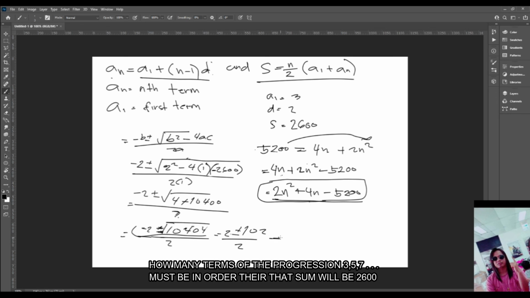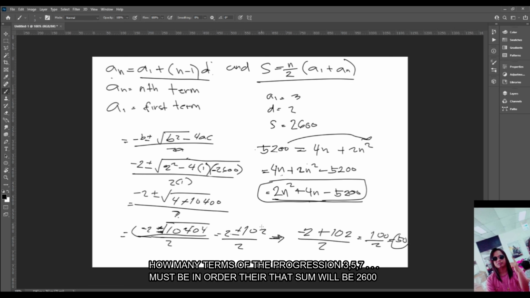Okay, and as I explained earlier, guys, we cannot have a negative value. So let's try a positive value here. So negative 2 plus 102 over 2. So this is going to be 100 over 2. So the answer is going to be 50.